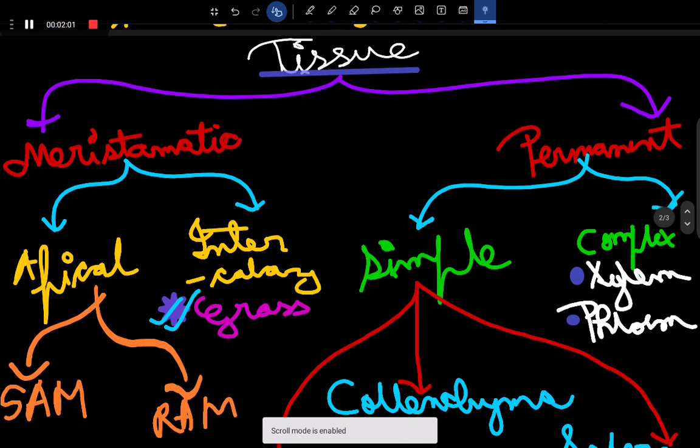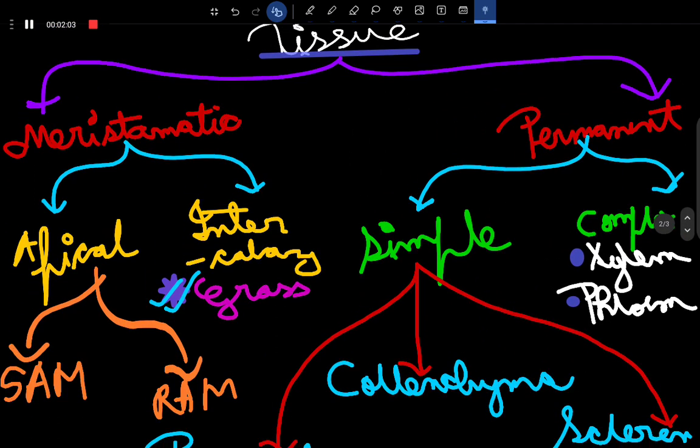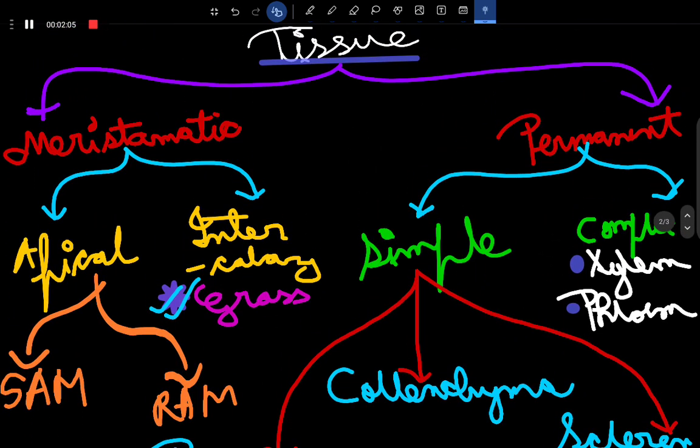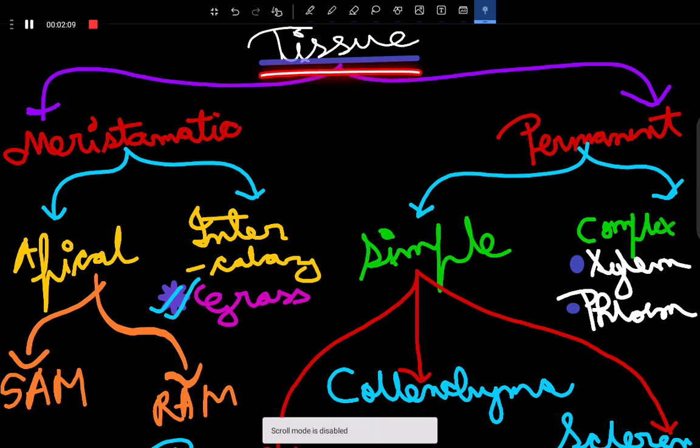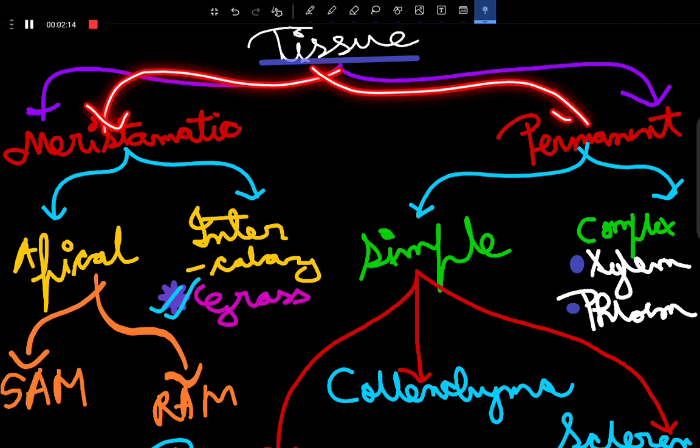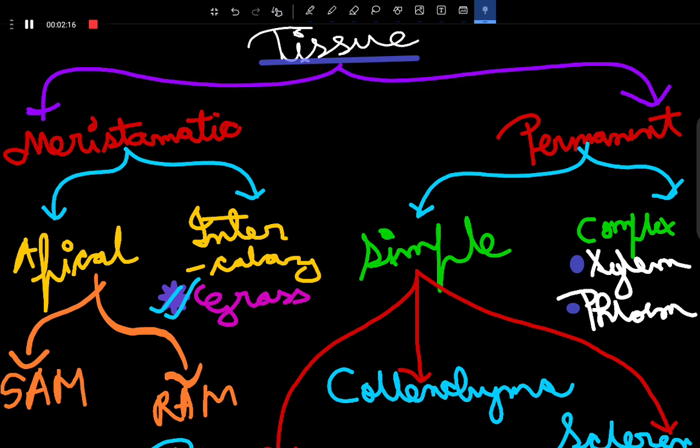Now, we need to talk about the classification of tissues. As you can see, tissues can be divided into two major classifications, namely permanent tissues and meristematic tissues. Meristematic tissues are of two types, apical meristem and intercalary meristem.